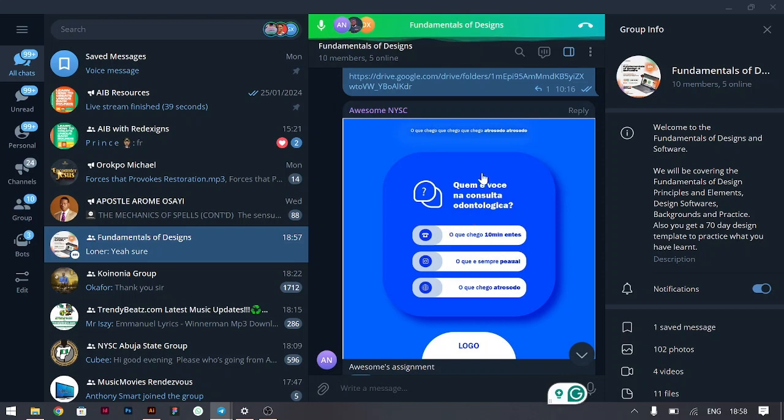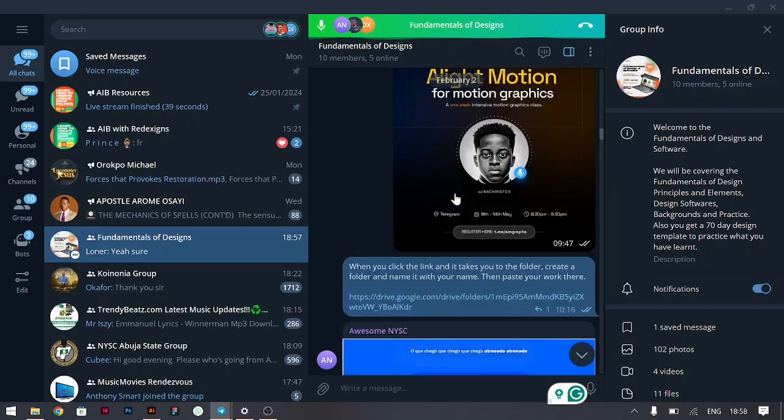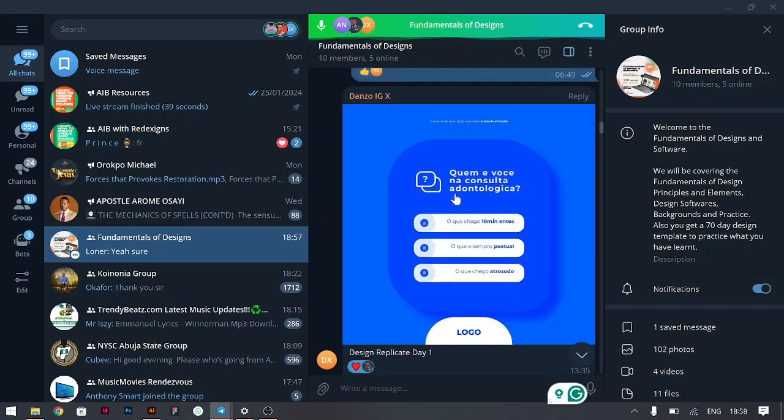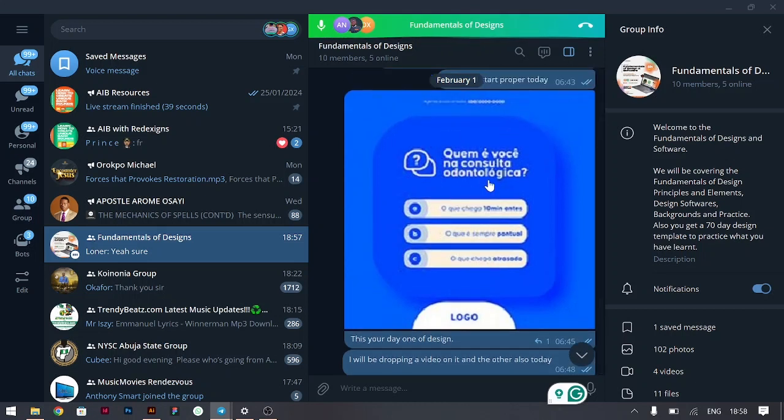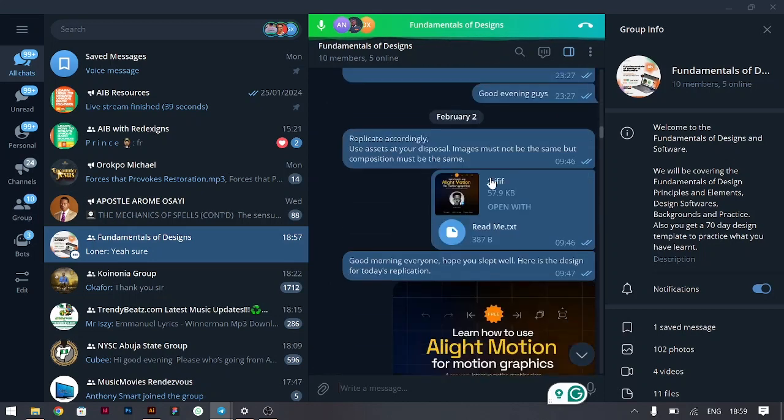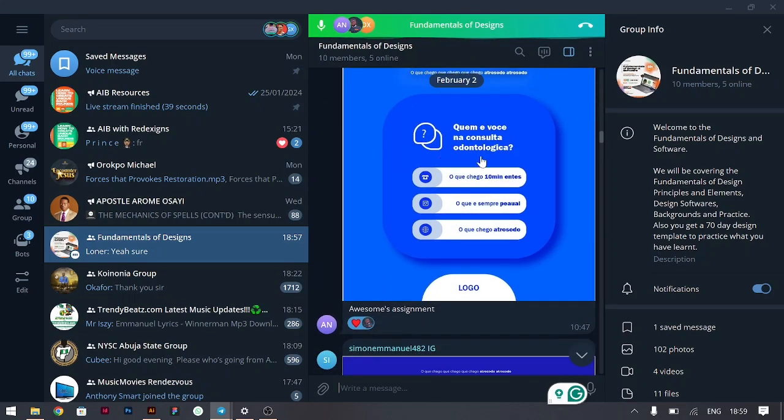So this is for Awesome. As I said, I think the font choice here should be a little closer to the original. This is the original font. You can see it's more broad and wide compared to yours, which is more condensed. There are different types of typefaces. The typeface you choose when you are replicating a design should not be too far off.